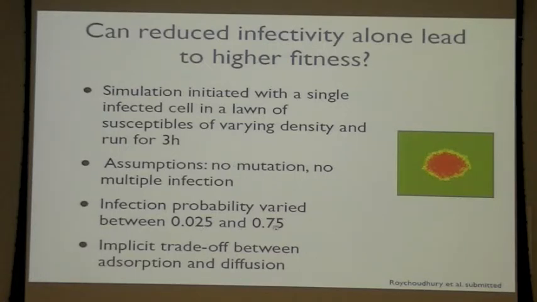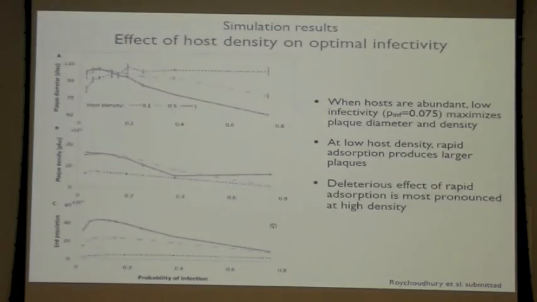Then we measured fitness at the end of the simulation. What we found was that low infectivity does indeed produce larger and denser plaques, but this result depends on host density. So this is only true when hosts are abundant. When hosts are abundant, low infectivity maximizes plaque diameter and density.